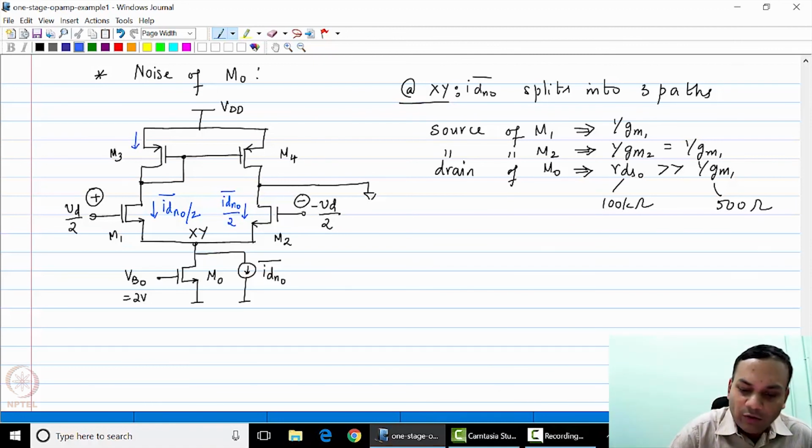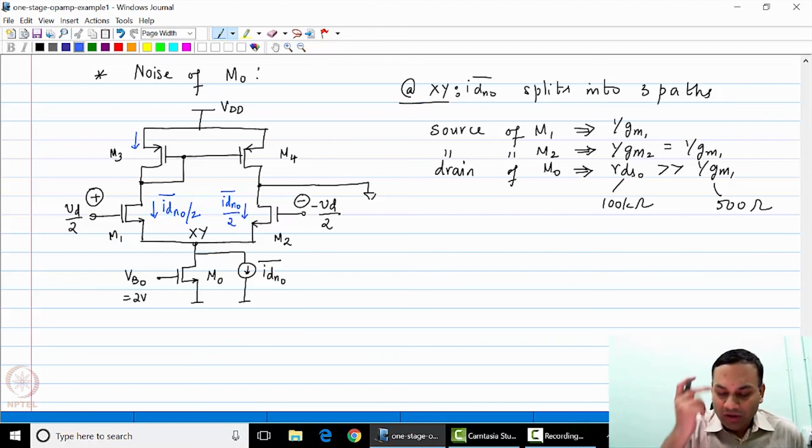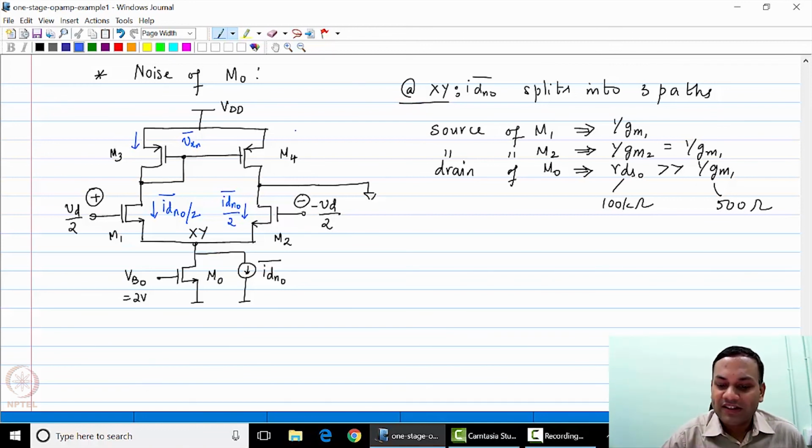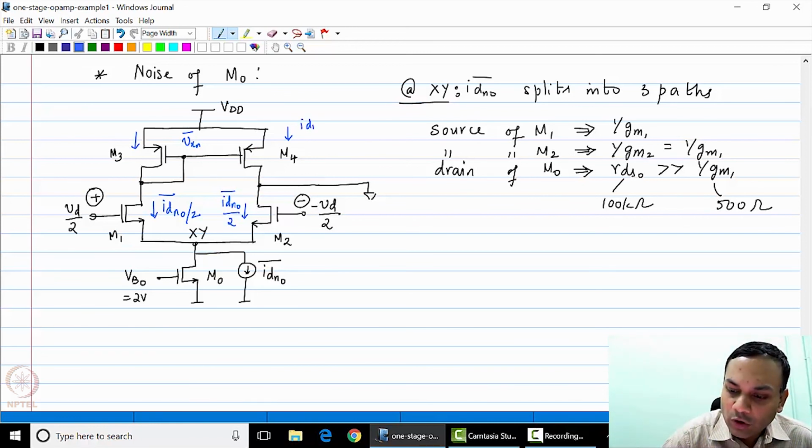That current flows through M3 to create a small signal noise voltage, which I'll call Vxn, and that noise voltage causes a noise current to flow through M4. Now clearly, since M3 and M4 are identical, this noise is also IDN0 by 2, which is the same as this noise.